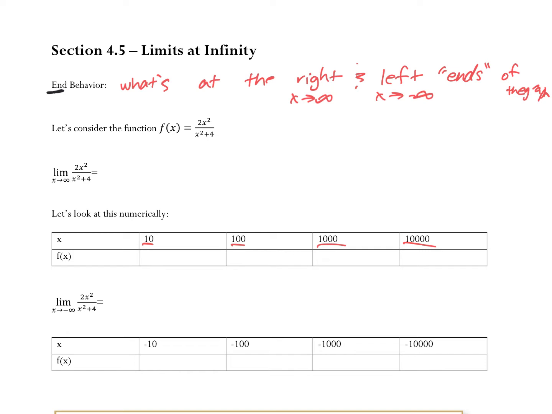Okay, so given the function 2x squared over x squared plus 4, go ahead and type those in and tell me what do I get when I plug in 10? What do I get when I plug in 100? What do I get when I plug in 1,000, etc.?